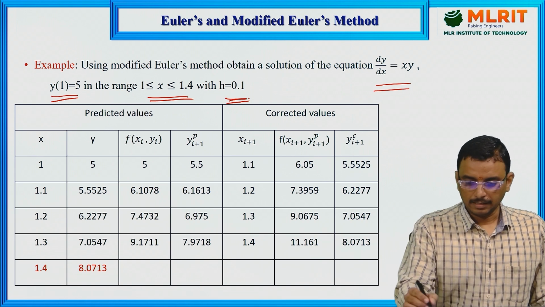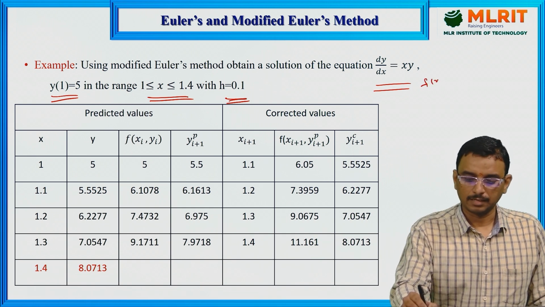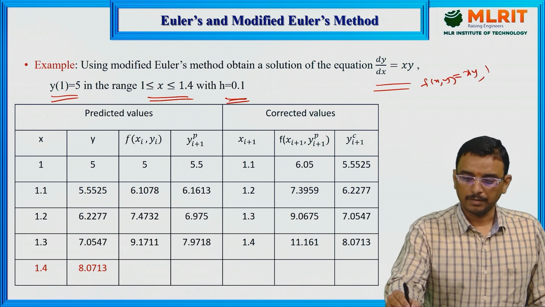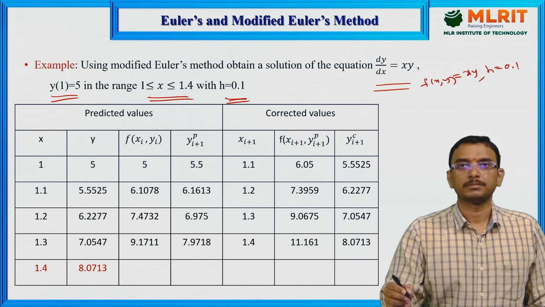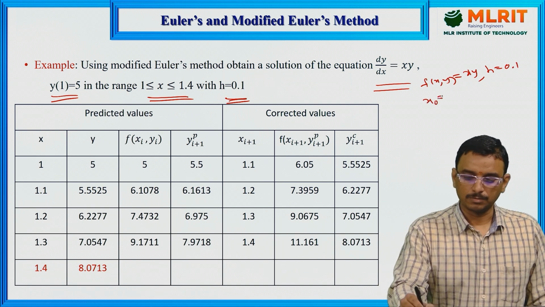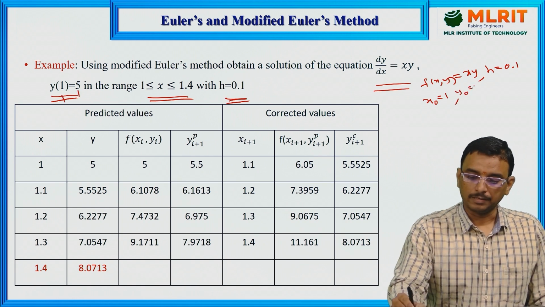The given data: dy by dx is f of x comma y equal to xy, h is 0.1, the step size, and the initial condition is x0 equal to 1 and y0 equal to 5.